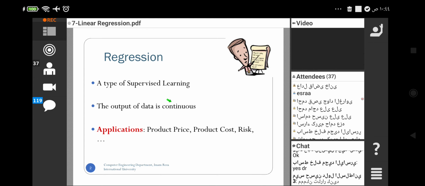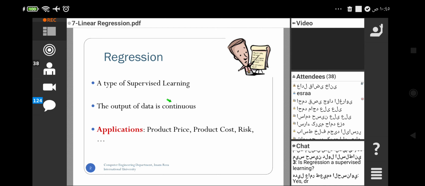So in many of our problems, we want to learn something which is not discrete. This is regression.